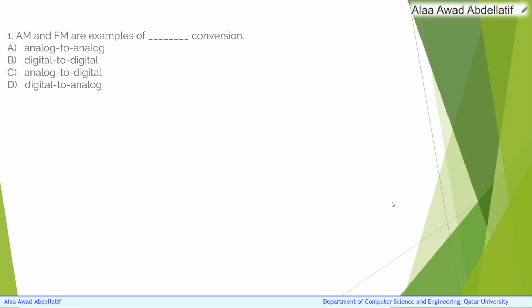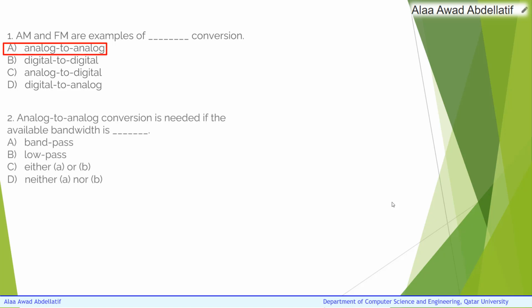Okay. AM and FM are examples of analog to analog modulation, or analog to analog conversion. AM is of course changing the amplitude and FM is changing the frequency. Analog to analog conversion is needed if the available bandwidth is bandpass.